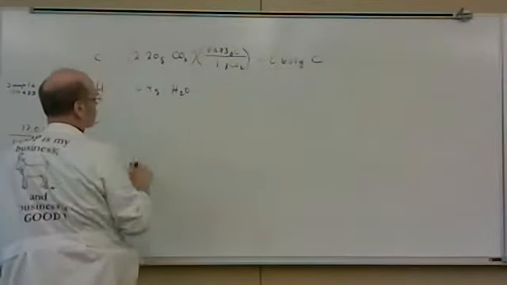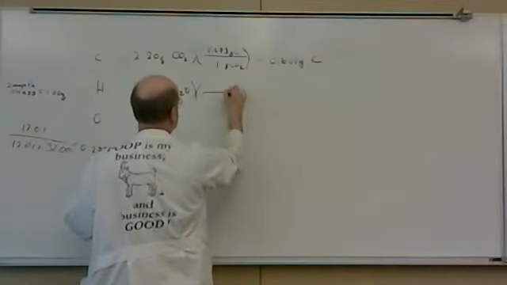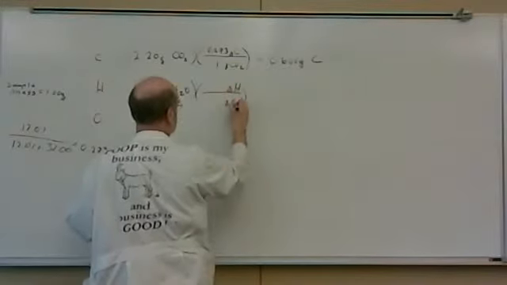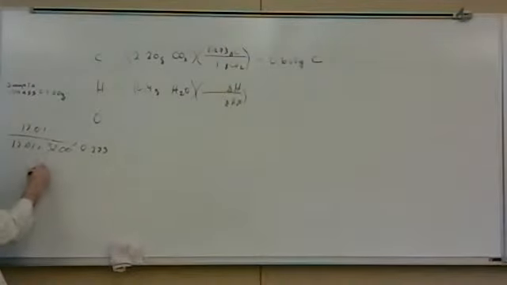So for this one, we need to find out what's the composition of hydrogen in water. Actually, there's 2 of them, isn't there? 2 hydrogens, H2O. This is the total.